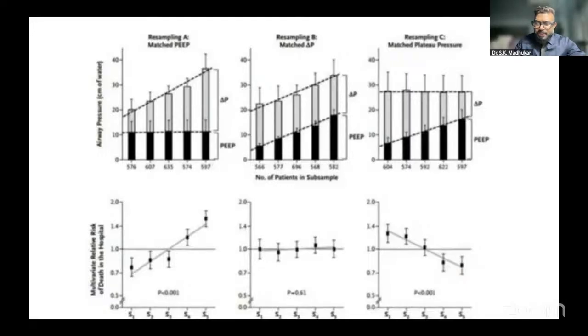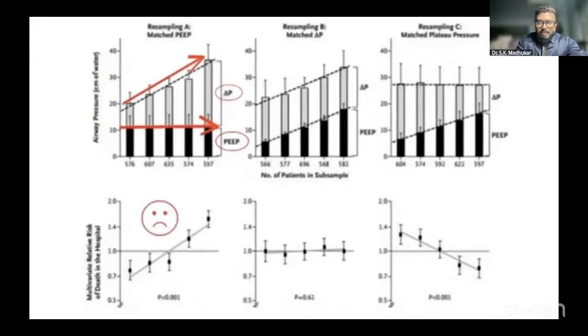So in the first graph, if you keep the PEEP the same and only increase the plateau pressure, it means the driving pressure is high, because driving pressure is plateau pressure minus PEEP. When the driving pressure is high, the mortality is high.